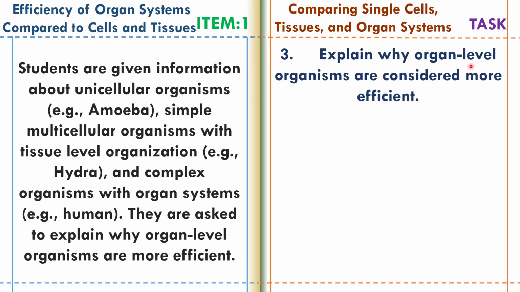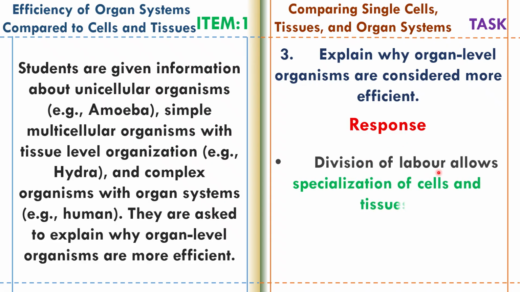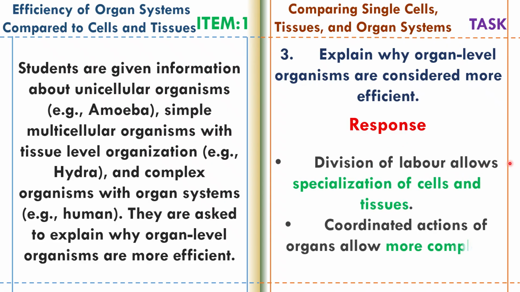Explain why organ-level organisms are considered more efficient. Division of labor allows specialization of cells and tissue. Coordinated action of organs allows more complex functions.